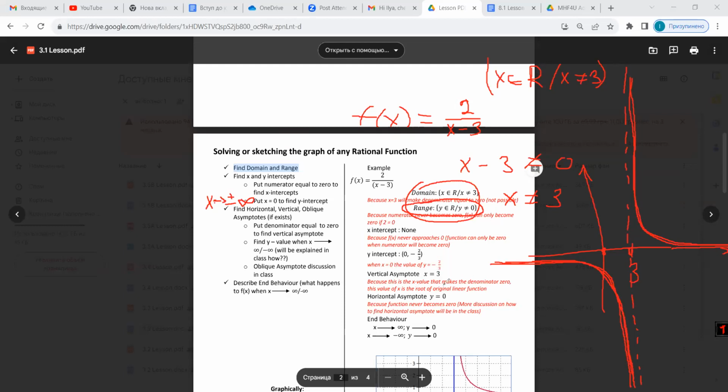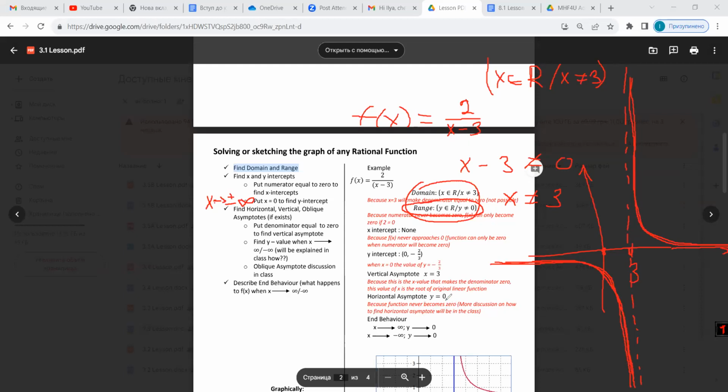Vertical asymptote x equals 3, horizontal asymptote y equals 0. Because this is the x value that makes the denominator 0, this value of x is the root of the original linear function. Because the function never becomes 0, more discussion on how to find the horizontal asymptote will be in the class.